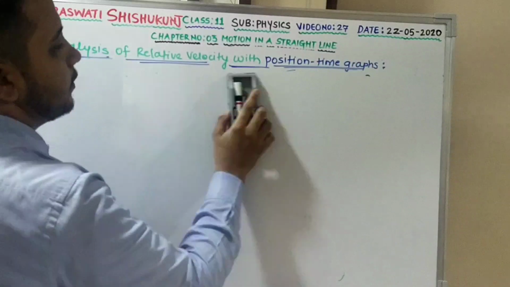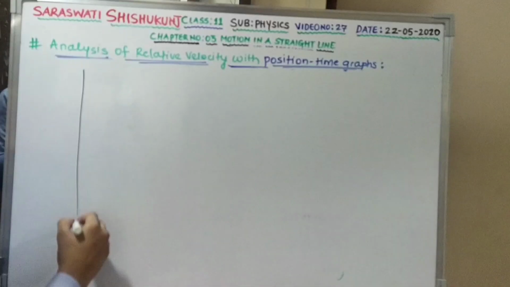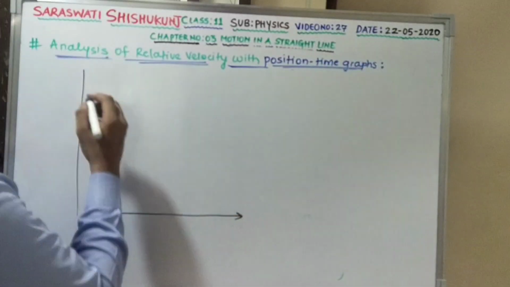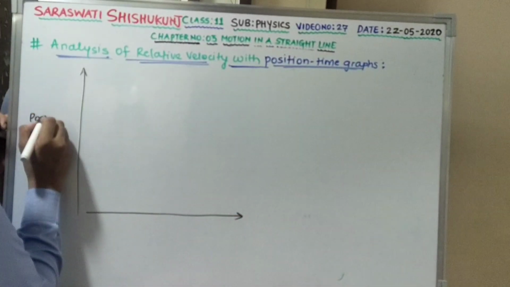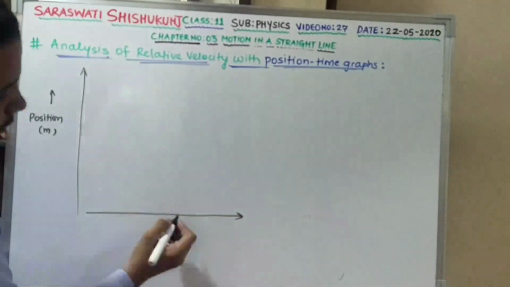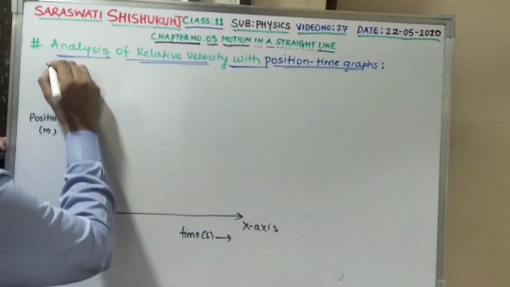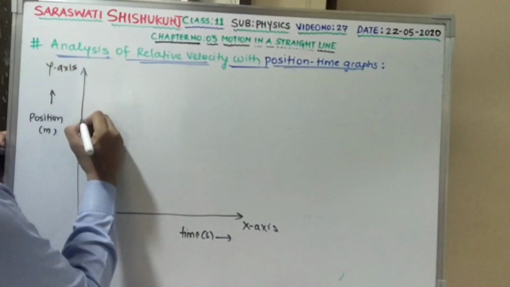Now we are plotting the graphs for case 1. We take the position-time axis. Position we are taking in meters and time in seconds. This is your x-axis, this is your y-axis.